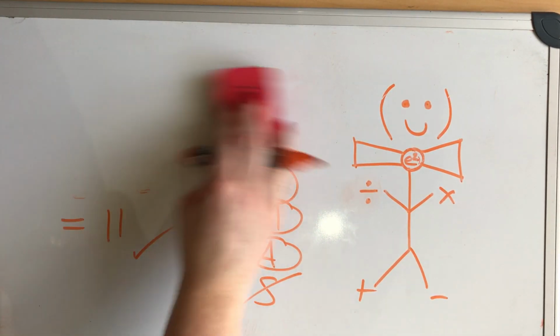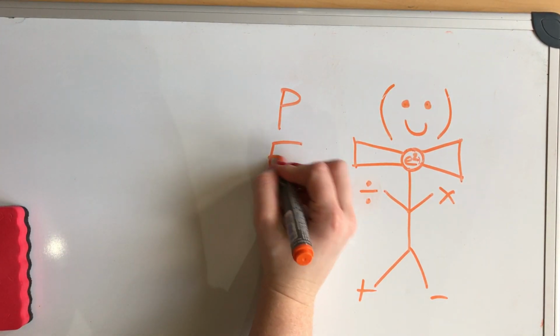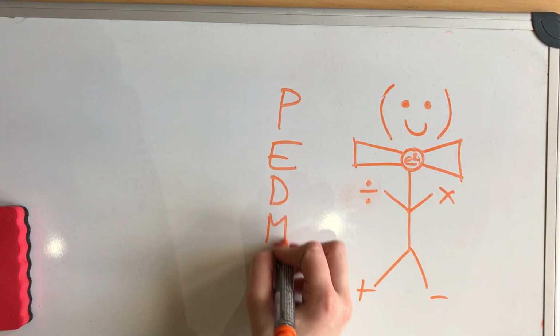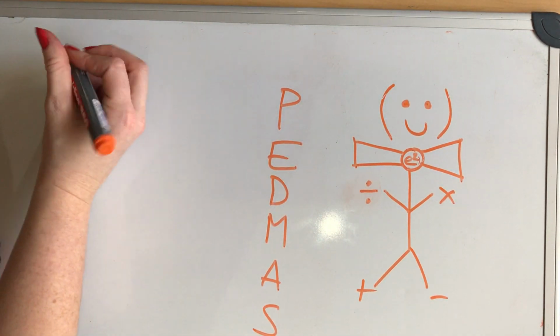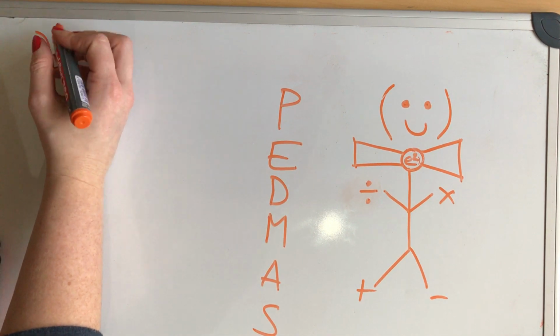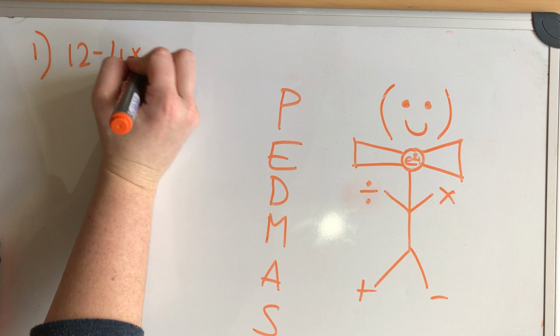Okay, now you're going to have a go. Let me write my PEDMAS here in case you want to use it. Again, remember you can use BIDMAS, BODMAS, PEMDAS, whatever it is that helps. So number 1, 12 subtract 4 multiplied by 3.